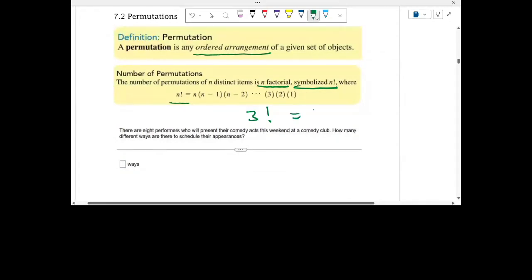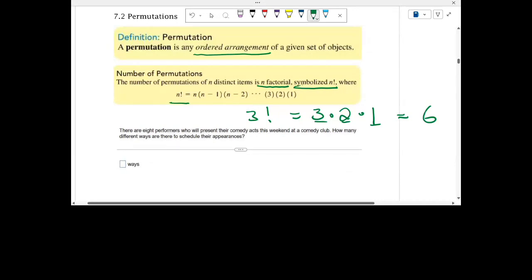What 3 factorial means is I'm going to take 3 times 2 times 1, going all the way down until I get to 1. So 3 times 2 times 1 gives me 6. That's really what a factorial means.